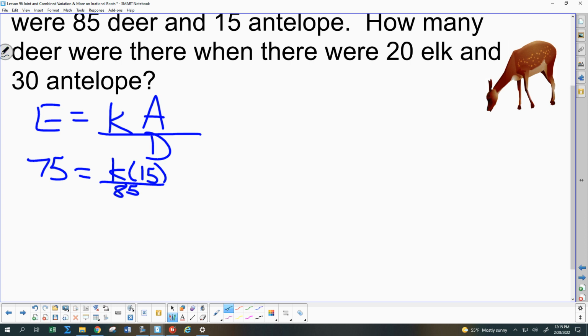So multiply both sides by the 85 over 15, and we'll have K. You may do 85 times 75 over 15 on your calculator, or you can reduce the 75 over 15 first, and then multiply that by 85, whichever way you prefer. And so I'd like you to go ahead and do that, and then you can tell me what you have come up with for K for this problem.